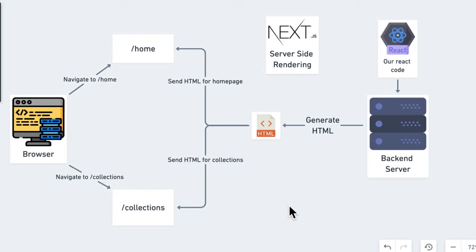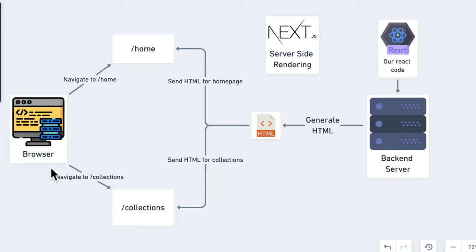Now, if you've never heard of Next.js, it is a framework that allows you to write React and leverage server-side rendering. Server-side rendering is almost the exact same conceptually as client-side rendering, except instead of letting the client or the browser's engine be the actual thing that ends up compiling and generating the HTML code for our browser routes whenever our users navigate to any of our pages, we let the backend server build and generate the HTML files that the user needs in order to view the home route, the collections route, or any route for that matter.